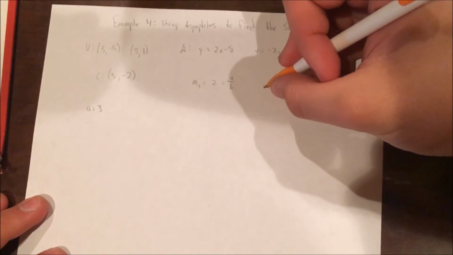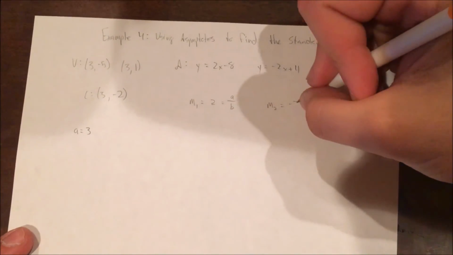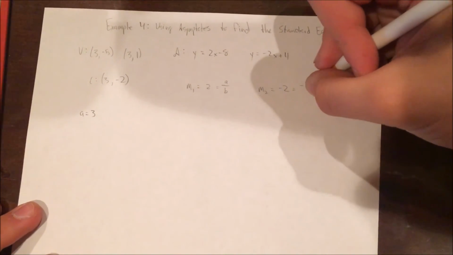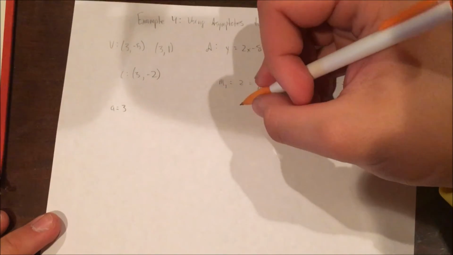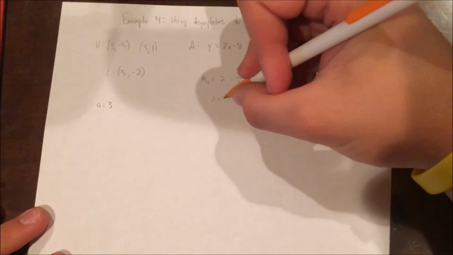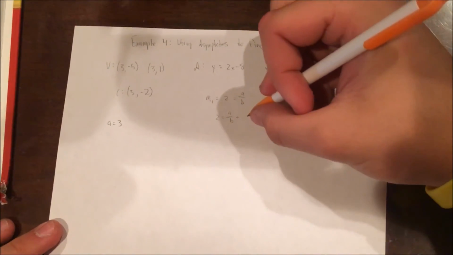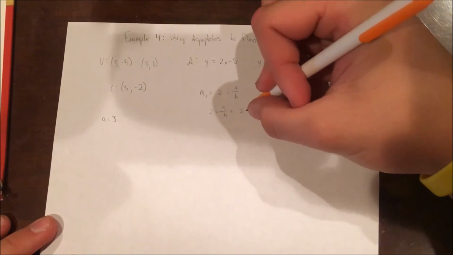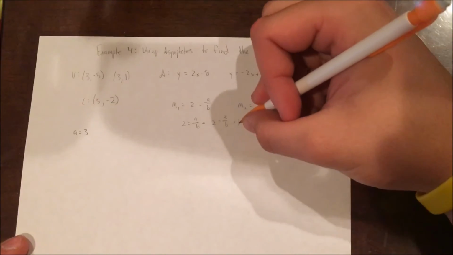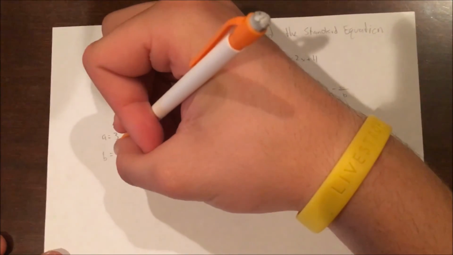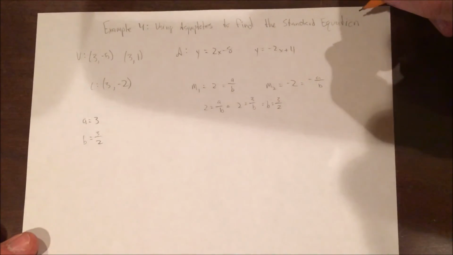For the second, the slope m2 is -2, which equals -a over b. Using this, you can conclude that 2 equals a over b, which is 2 equals 3 over b, and then b equals 3/2. So our b value is 3/2.